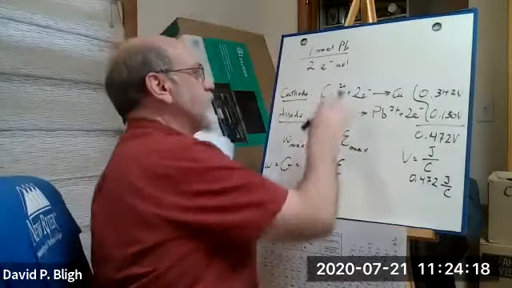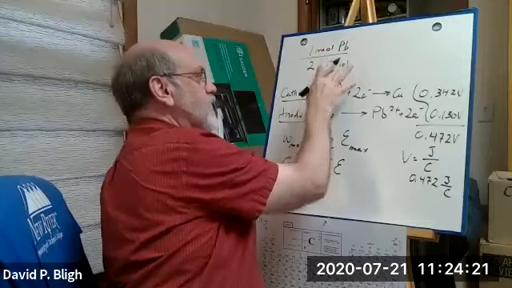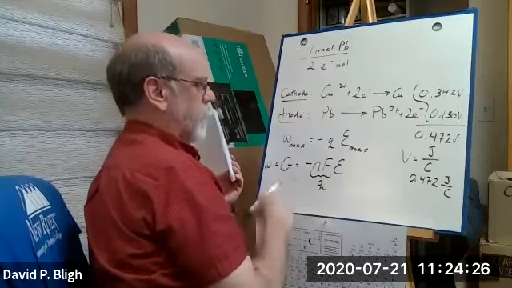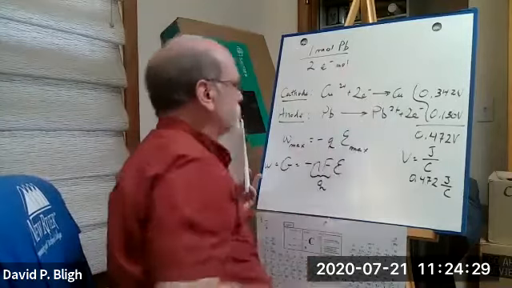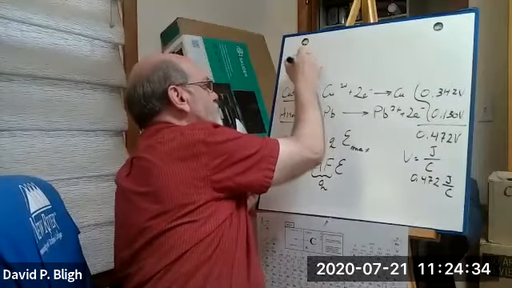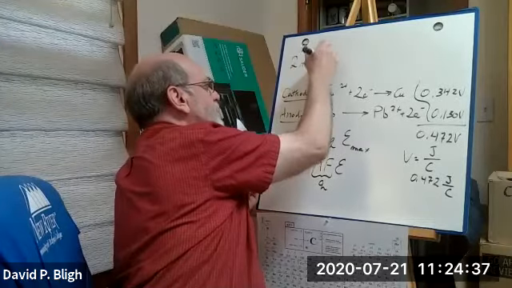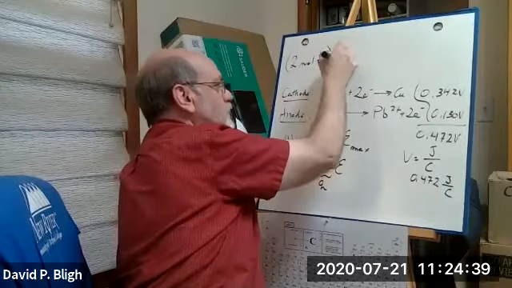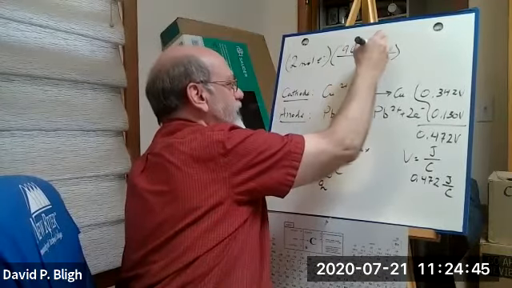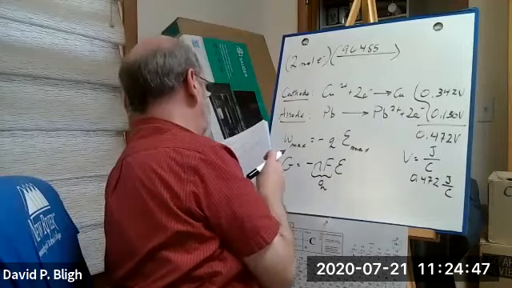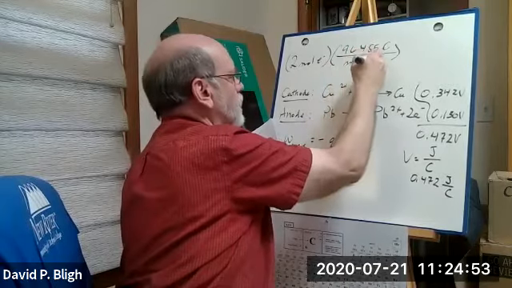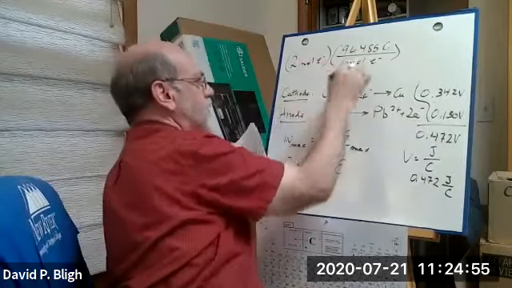Which just means that if 1 mole of lead is converted, we're actually transferring 2 moles of electrons. So for 2 moles of electrons, what will that be in terms of coulombs? 96,485, I think. Yeah, coulombs per mole of electrons.